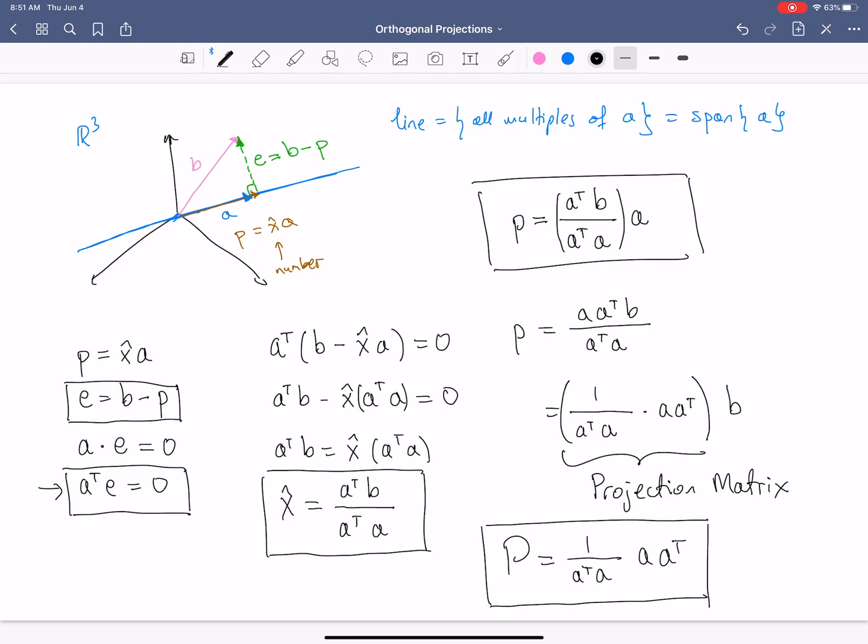Now, this is the matrix only in this one-dimensional case, when we are trying to project onto a line. I wrote here R3, but we didn't use the fact that B has 3 components anywhere.